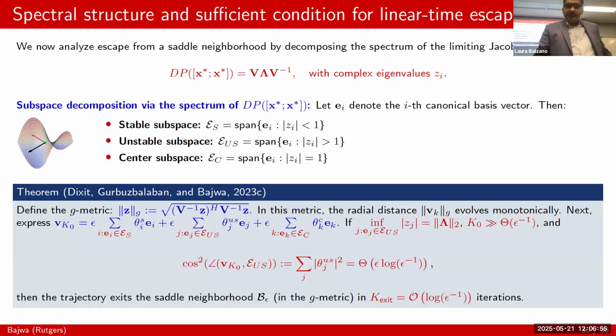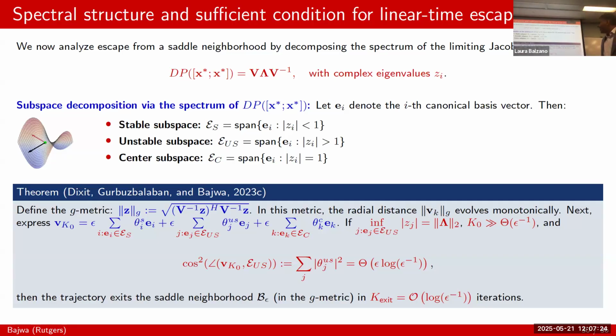Okay. But the name of the game is still the same. I want to look at the projection onto that, but I have to first define the G metric. That is simply given by a transformation with respect to my eigenvectors, so V inverse and V. So using the V inverse, I can come up with it, and in this metric, it turns out that we can have monotonicity of the trajectories.